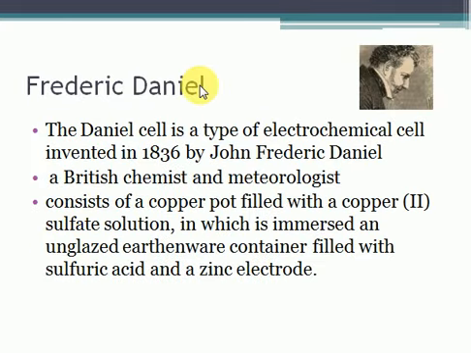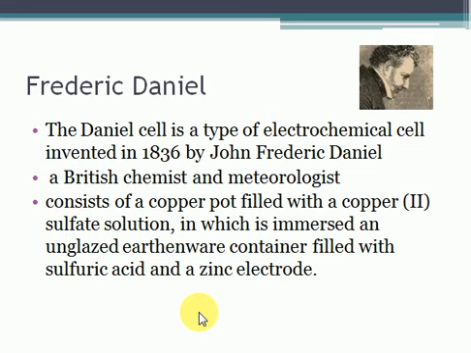Frederick Daniel. The Daniel cell is a type of electrochemical cell invented in 1836 by John Frederick Daniel, a British chemist and metallurgist. It consists of a copper pot filled with a copper 2 sulfate solution, in which is immersed an unglazed earthenware container filled with sulfuric acid and a zinc electrode.